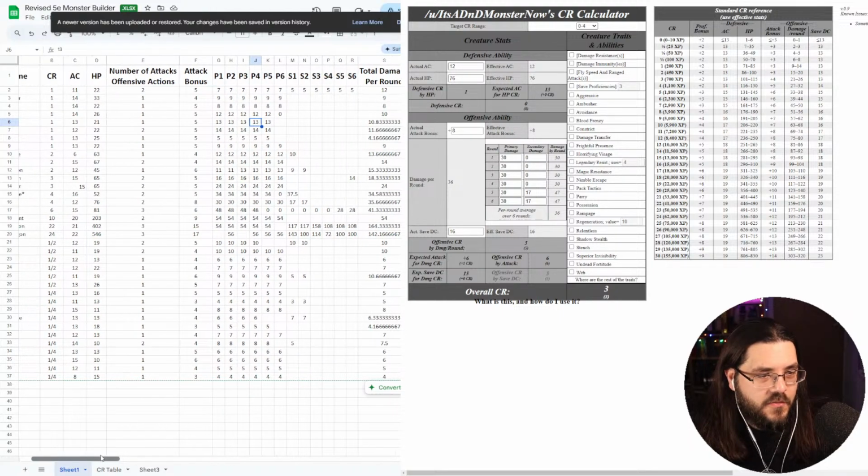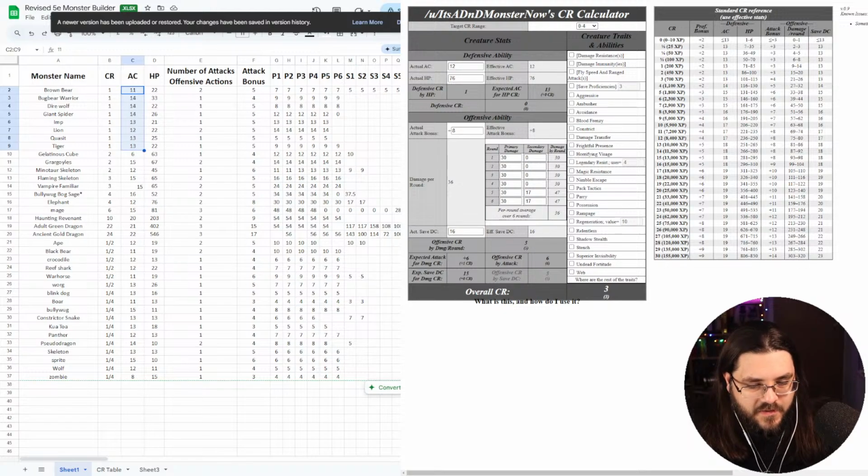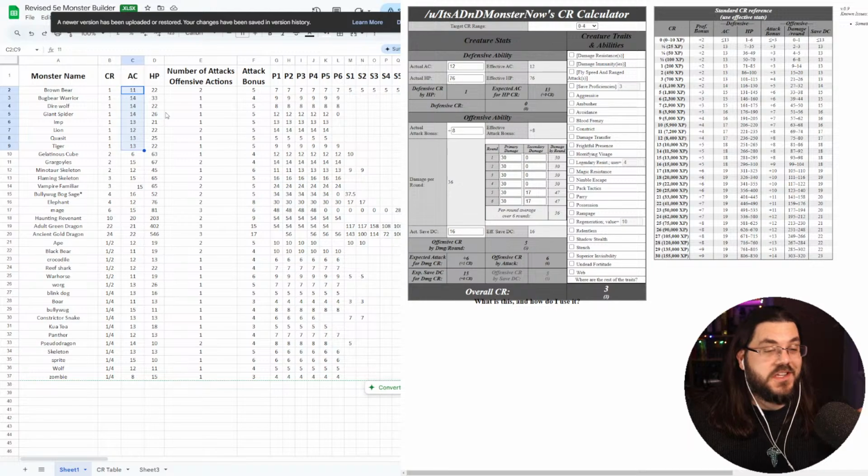So now we can have a look and see what... show me averages, please. So average AC for a CR1 creature, based on our very small sample size, again caveating this, which is incredibly small in comparison to the 500 plus that we have.